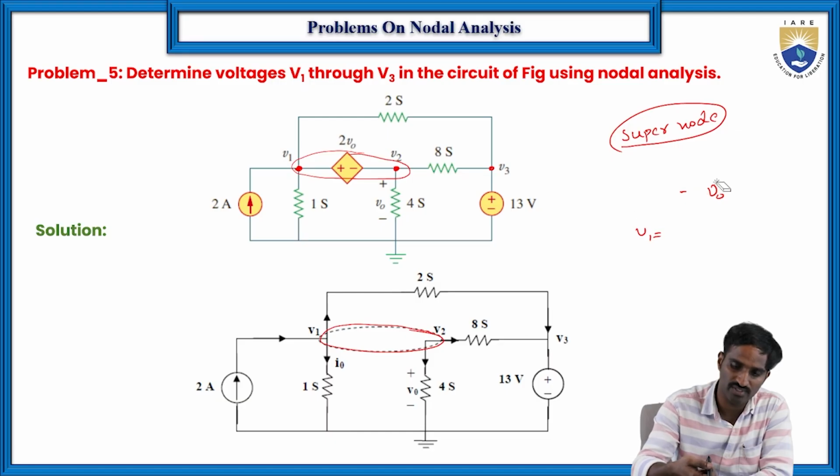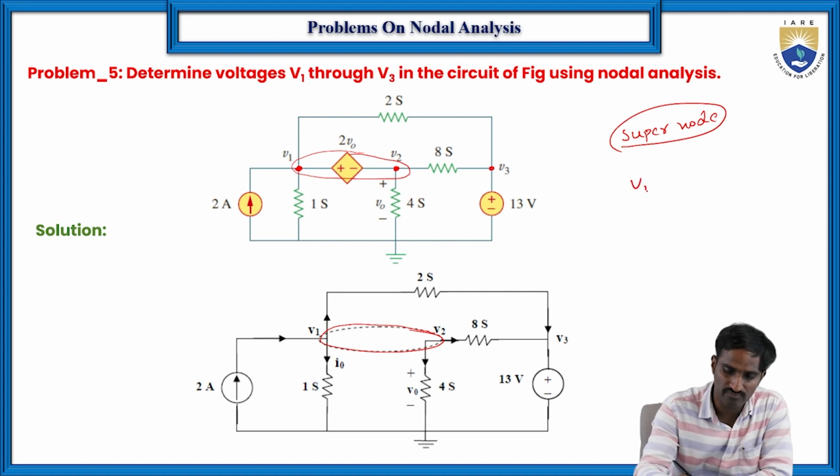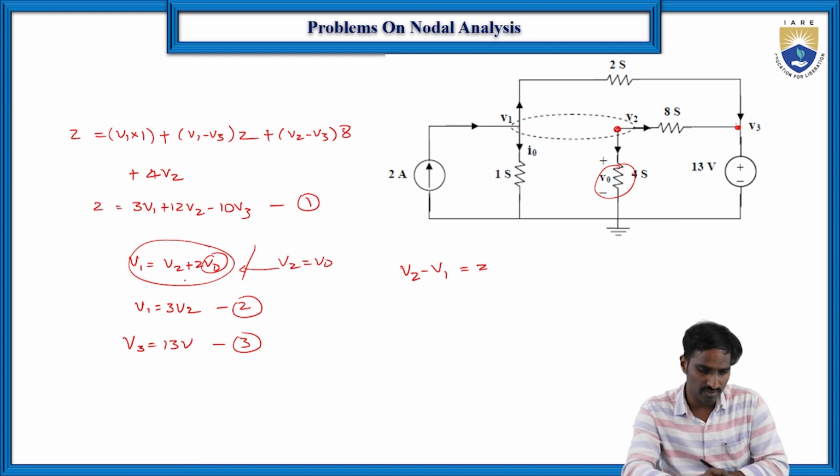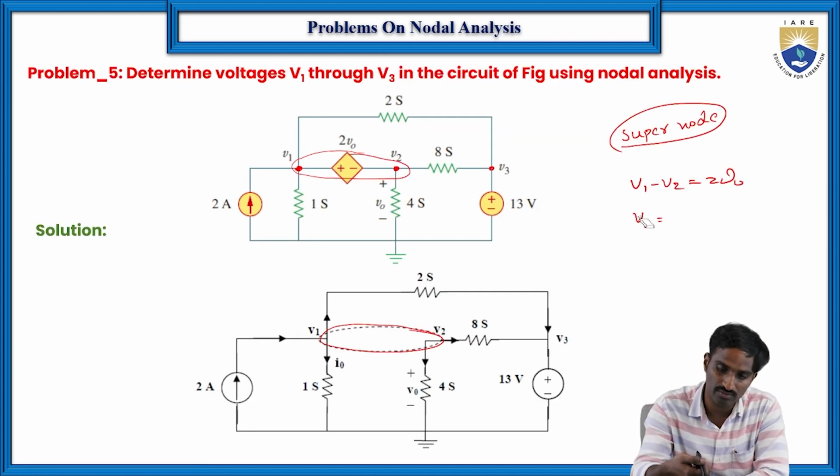Not V2 minus V1, sorry, it is V1 minus V2, because of the plus and minus. So V1 minus V2 is equal to 2 V0. If you send V2 to the right hand side, V1 is equal to 2 V0 plus V2. But we know what V0 is.